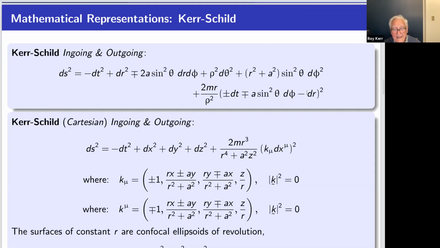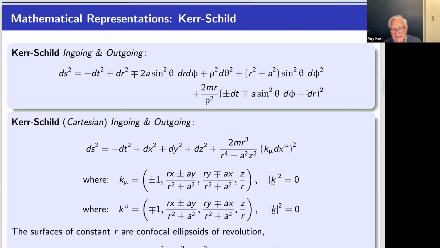So that allows us to raise and lower indices very trivially here. If this is the covariant form of K, this is the contravariant form, and these are true in the background flat space or in the full metric.